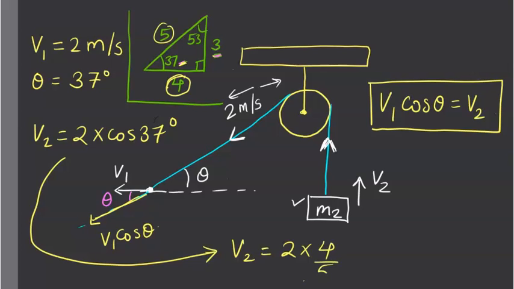So it is 2 into 0.8, which is 1.6 meter per second. If this particular block is moving towards left with a velocity of 2 meter per second, then this particular block will move upwards with a velocity of 1.6 meter per second. So this is an example of application of constraint.